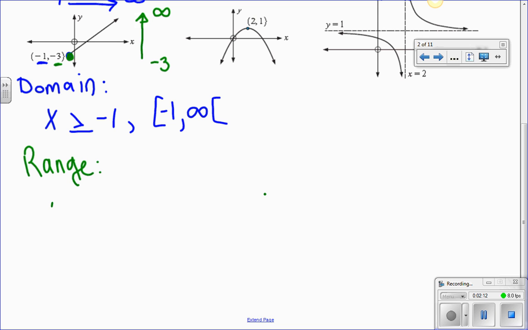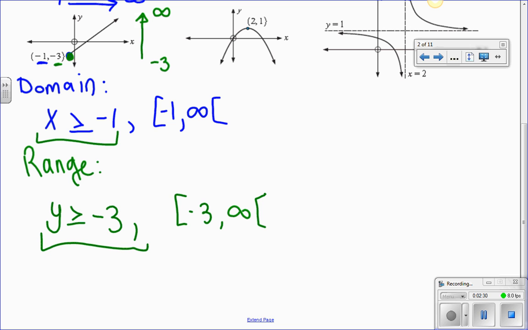So we can say our range is y is greater than or equal to, because that point is filled in again, -3, or we can say it's going from -3 to infinity. So you choose whether you want to use set notation, this one, or you can use interval notation, either way.